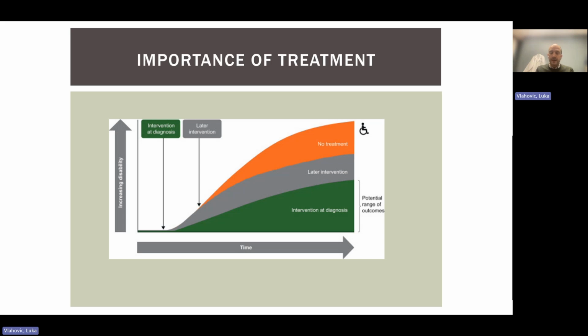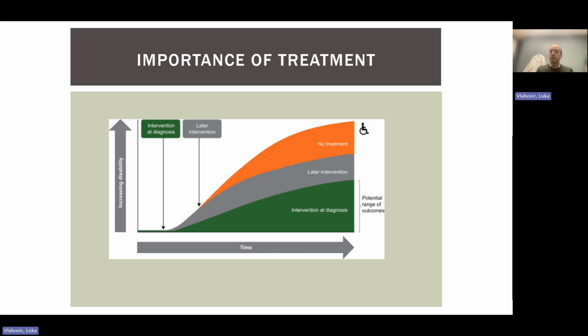So, for example, if treatment is started very early, then we're hoping to definitely achieve significant slowing down of disease progression, as shown in this green part of the graph. And if disease-modifying therapy is started later on, there is still a value, but perhaps the peak will be lower than if it started earlier.